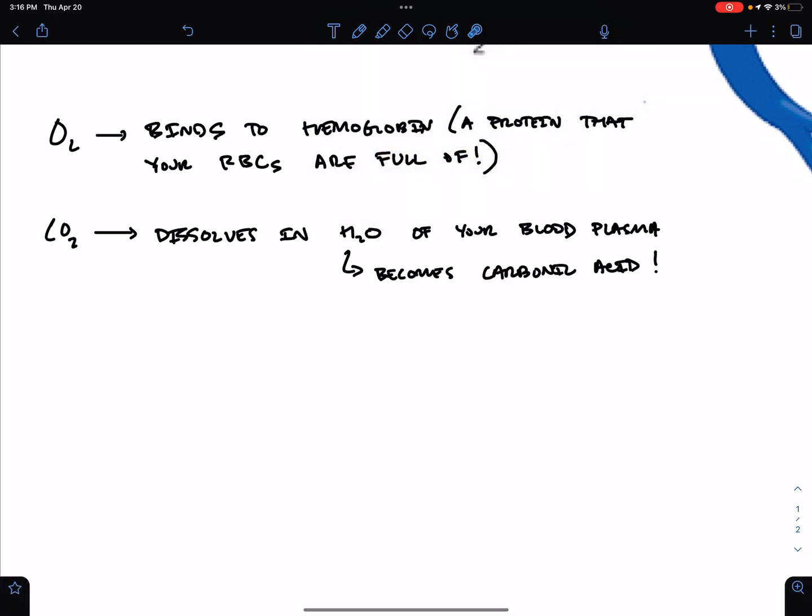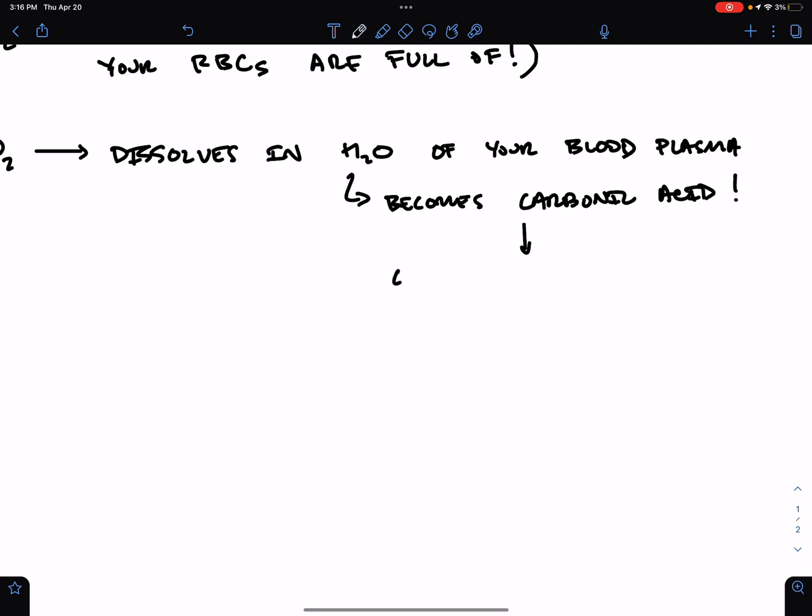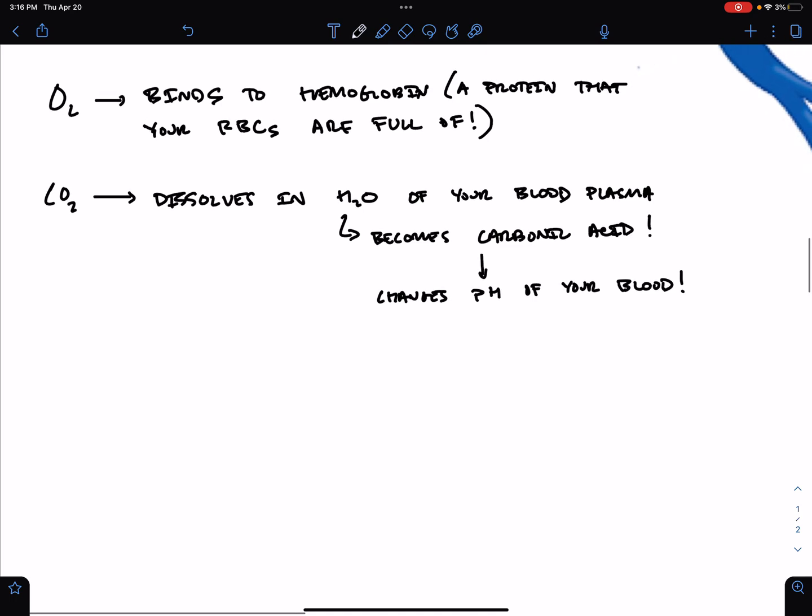Carbonic acid is an acid, so when this happens, it changes the pH of your blood. When you have a lot of CO2, your blood becomes more acidic. And when you have very little CO2, your blood becomes basic.